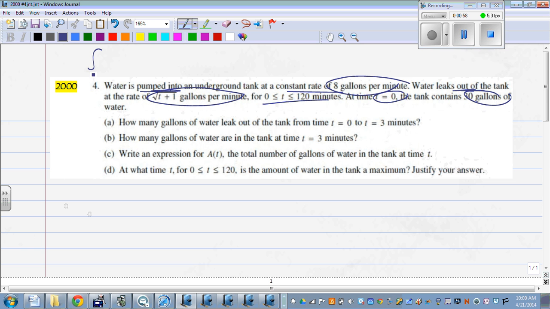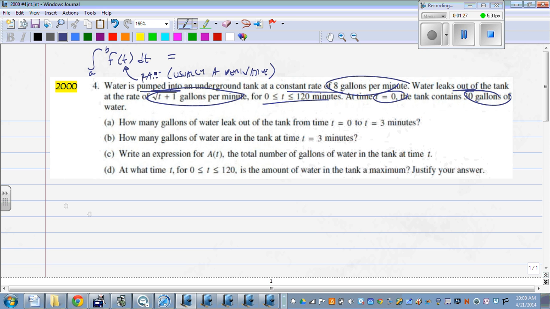Basically, if we have the definite integral from a to b of a function of t, and a lot of times this might be a derivative, but it's going to be a rate. It may not be written as a derivative, but it has to be a rate for this to happen.